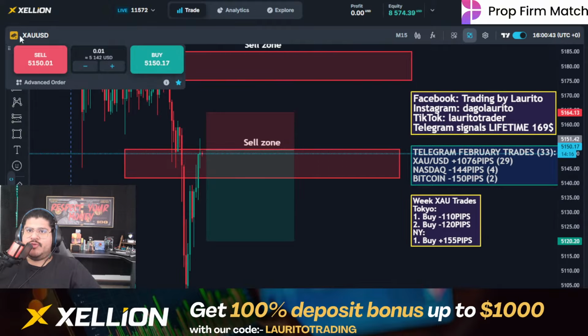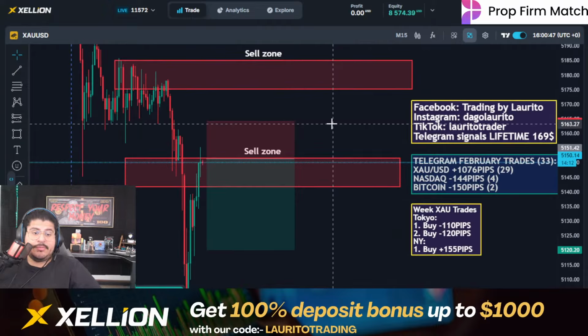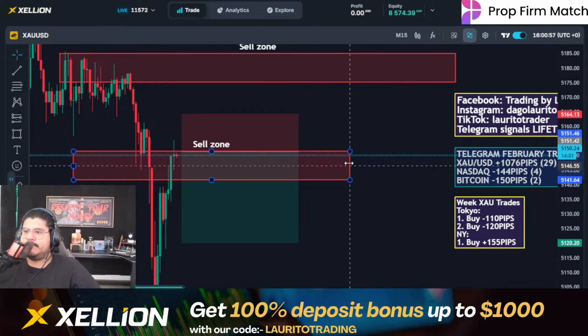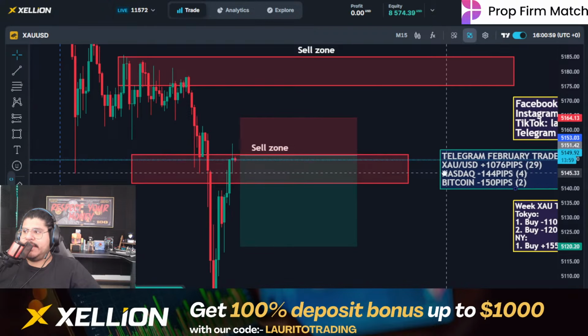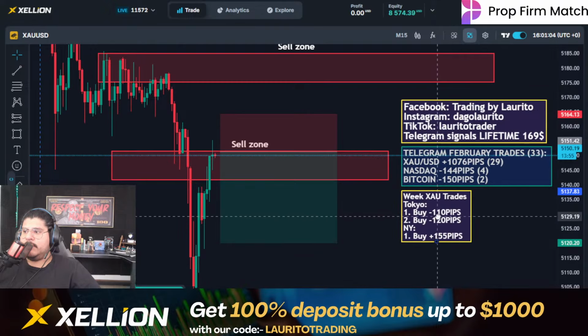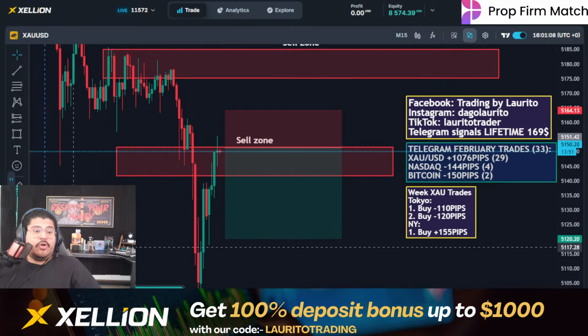We have two different zones. So at this point, guys, again, I'm waiting. Why am I waiting? Because the last candle was a doji.